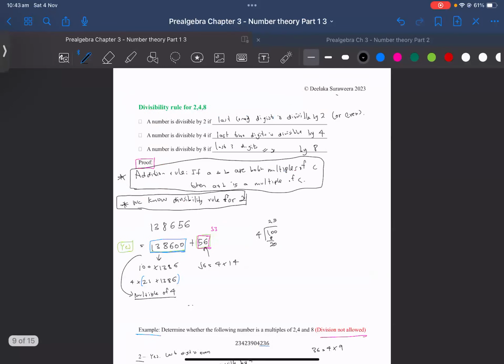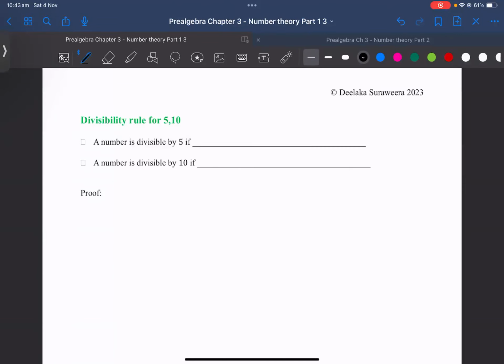Now we'll go to 5 and 10 and quickly state them again. A number is divisible by 5 if... how do you know if a number is divisible by 5? If the last digit is equal to... Can anyone tell me?